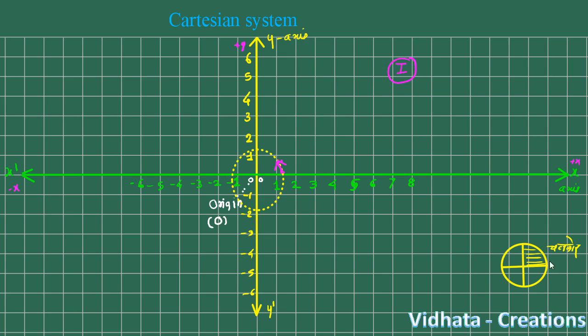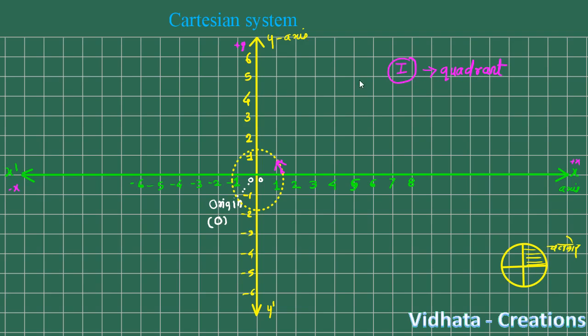Instead of calling it a chatkor, we call it a quadrant, a 1/4 part of the plane. Got what is meant by quadrant? Quadrant is the 1/4 part of the plane where the given point lies.